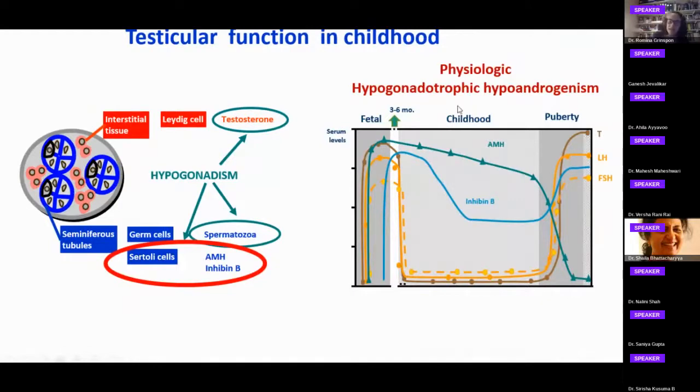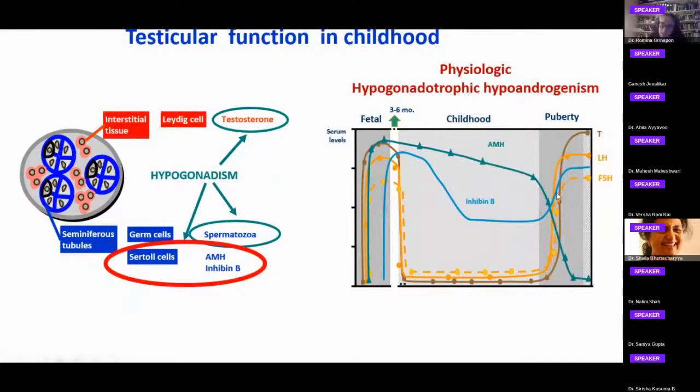On the right, you can see that gonadotropins and testosterone secretion increase until about 6 months of age, and thereafter they decrease to very low or undetectable levels, and at puberty, LH, FSH, and testosterone increase again. AMH and inhibin B remain at high concentration during all childhood, showing us the activity of the testes.